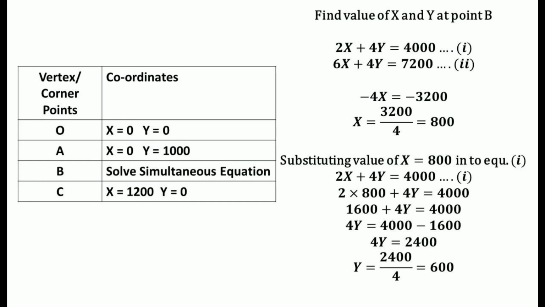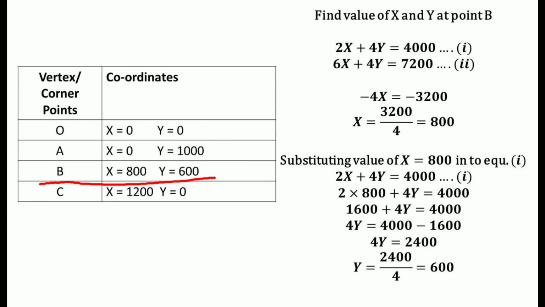So by solving both equations simultaneously, we got the unknown values x is equal to 800 and y is equal to 600. So at corner point B, the value of x is equal to 800 and the value of y is equal to 600.